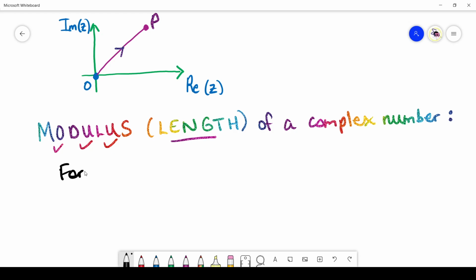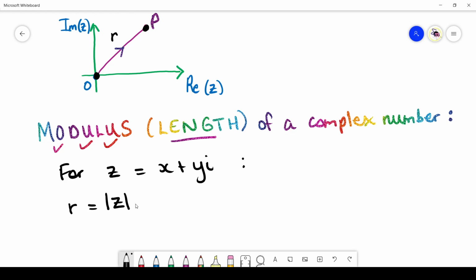Let me write that in. For any complex number z in the form x plus iy or yi, however you want to represent it, the modulus, denoted by the modulus of z, is also denoted by the letter r, and you can think of it as a radius if you want to, because if you were to hold your finger at the origin and let the point P spin all the way around the 4 quadrants, it would form a circle such that r is a radius.